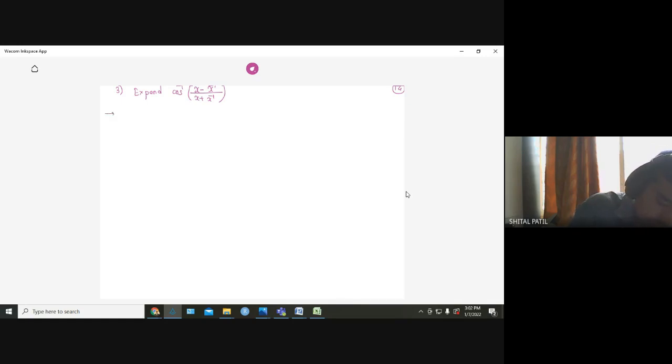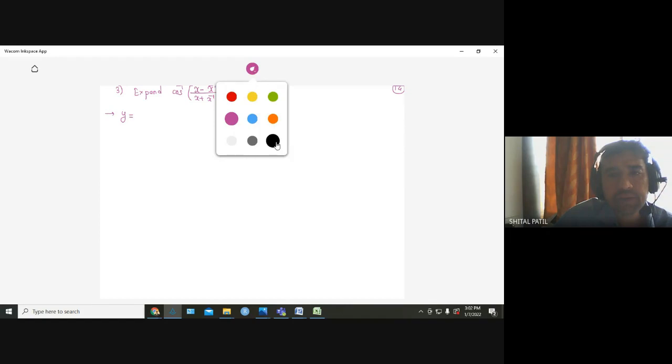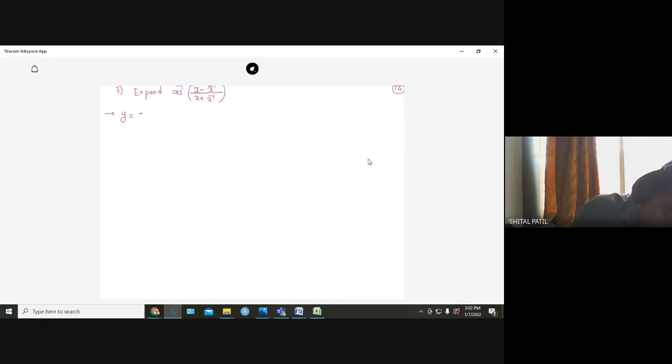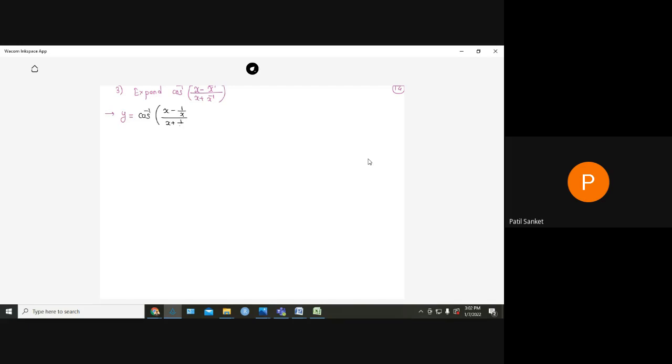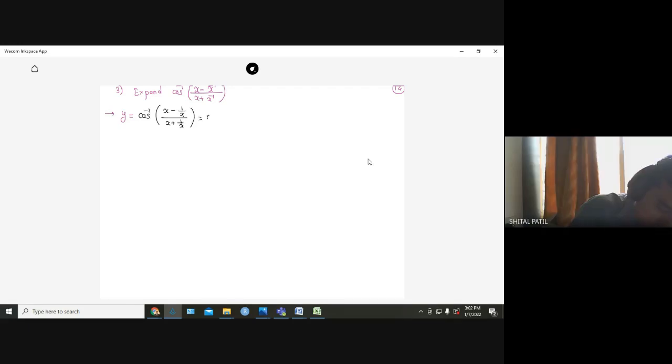Y equal to cos inverse of x raised to minus 1, which means 1 upon x. Simplify this: x square minus 1 by x, x square plus 1 by x. We can cancel this x.